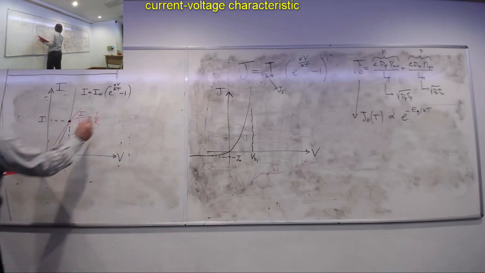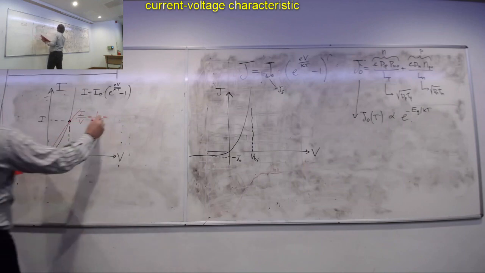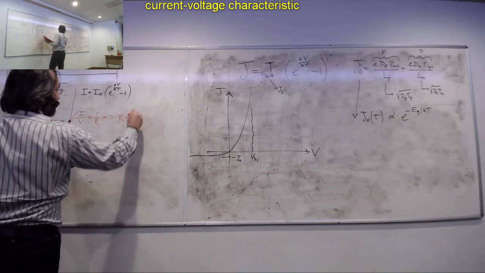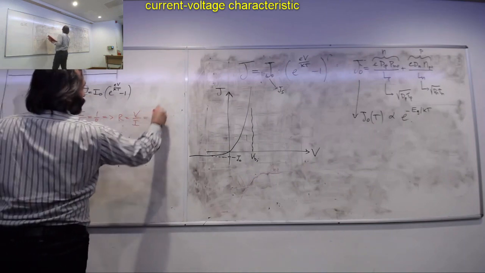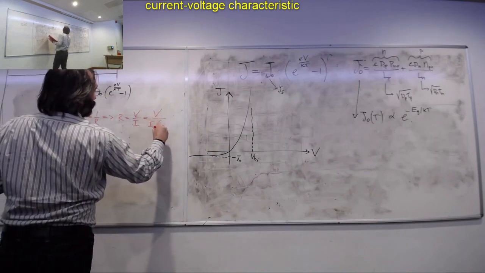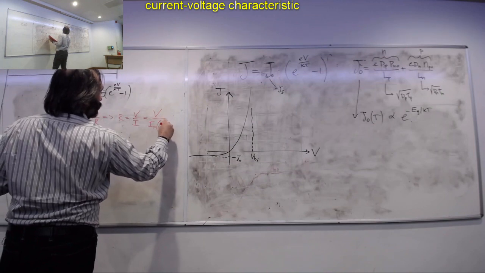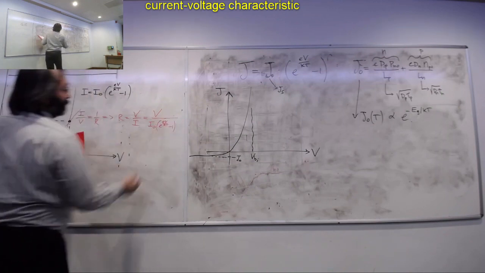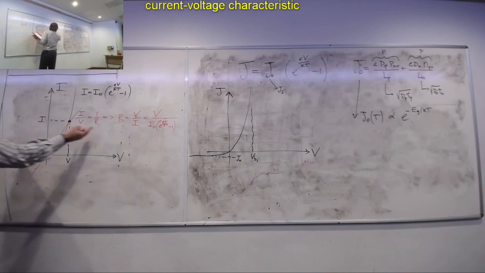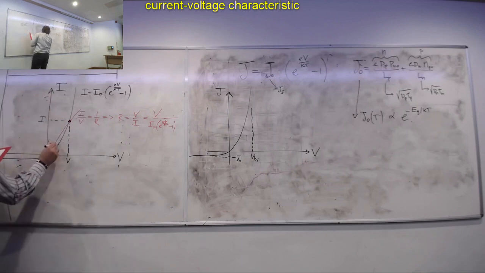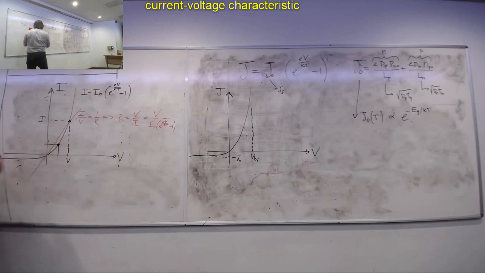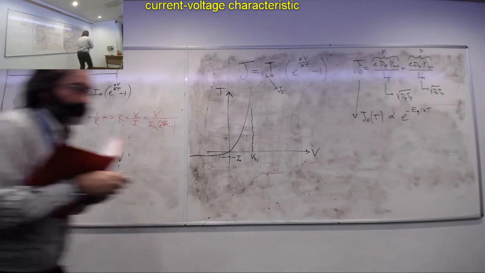It's a special resistor, a very complex behavior. As you move this point along this curve, you get a different resistance. If you take this point, the line will be different.